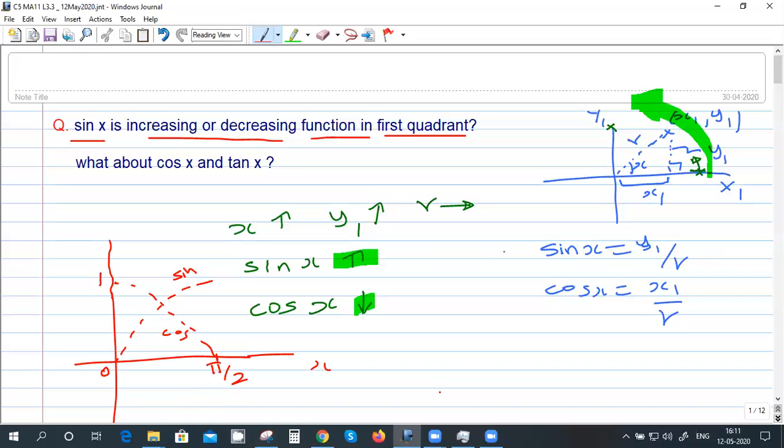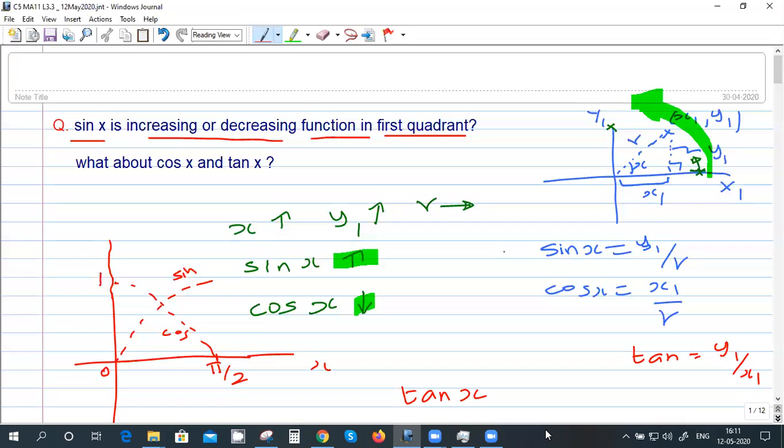What about tan? Tan x in the first quadrant, increasing or decreasing? Tan is y1 by x1. And what is happening to y1 along the green arrow? Y1 is increasing and x1 is decreasing, no?